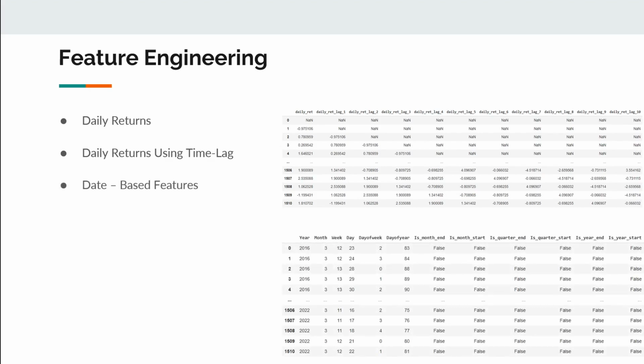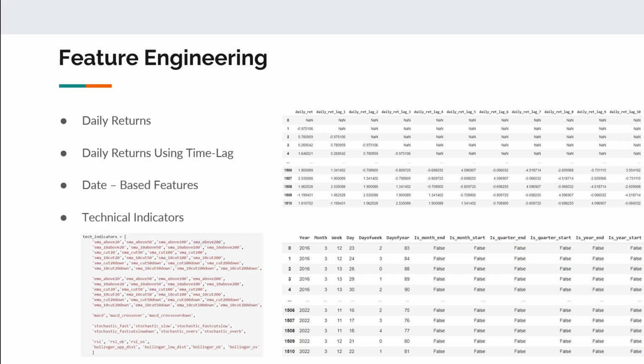Now, the next is date-based features. The stock price data is time series data. Thus, information about seasonality trends is very important. To learn how the market fluctuates with different days, weeks, months, new features were built using the fastai library. The last features are the technical features.